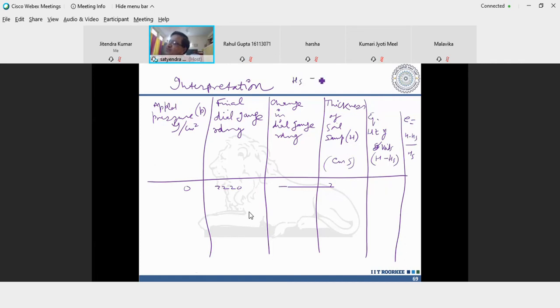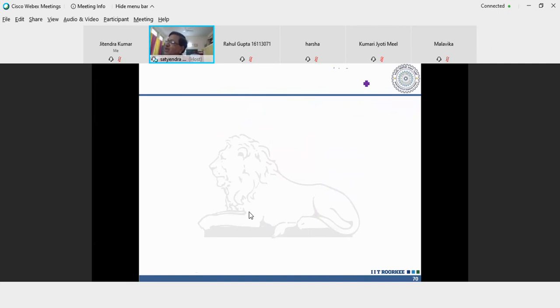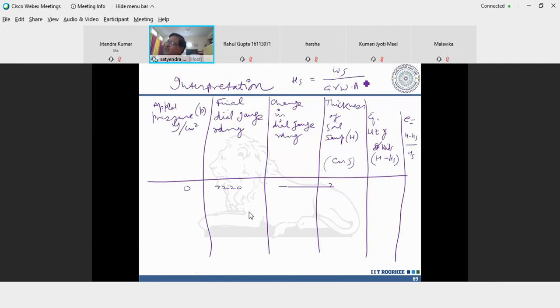HS I had already explained to you is WS upon G gamma W into A. For this particular case which I am discussing with you, it is 1.199. So H minus HS is 0.801. And e, H is known, H minus HS, everything is known to you. This is 0.668.